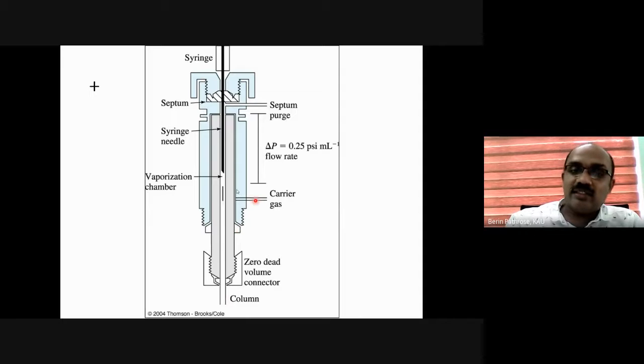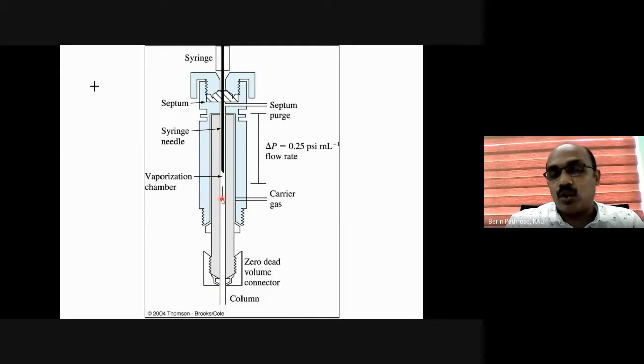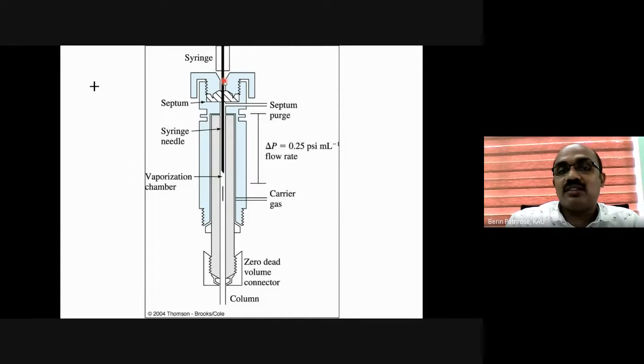One thing you have to remember: the carrier gas is held at a high pressure, so the vaporized sample will not escape from here because we have a flow from the cylinder into the injector. It won't backflow. But we are injecting through this opening, and a part of the sample may get lost through the opening through which we have injected the sample.